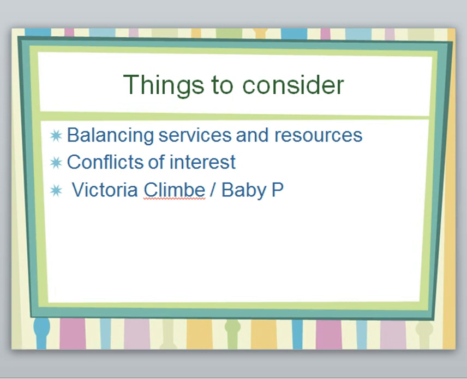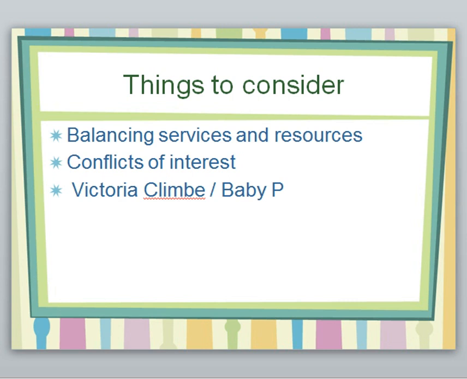I know a lot of you have already looked at the Victoria Climbié case and Baby P. Now, these cases highlighted a number of potential issues and problems in multi-agency working, particularly around communication and information sharing. And these issues may be something that you wish to explore further also.